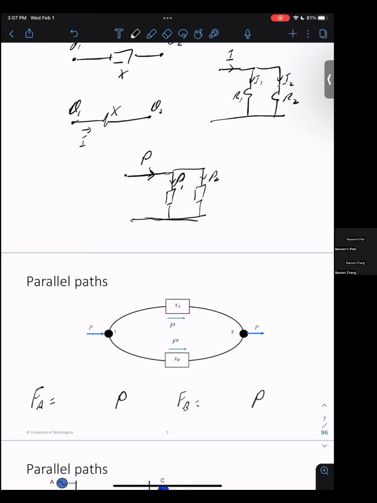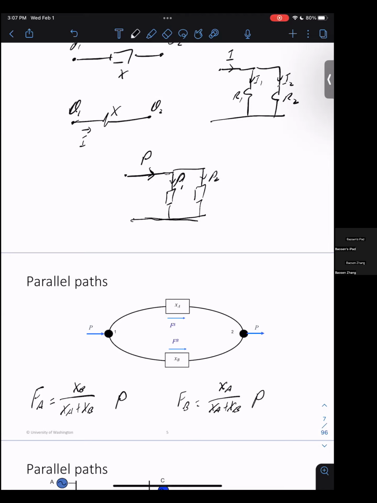The thing to remember is this is XB over XA plus XB, and this is XA over XA plus XB. So the amount that goes on A is proportional to the reactance on B, and the amount that goes on B is proportional to A.